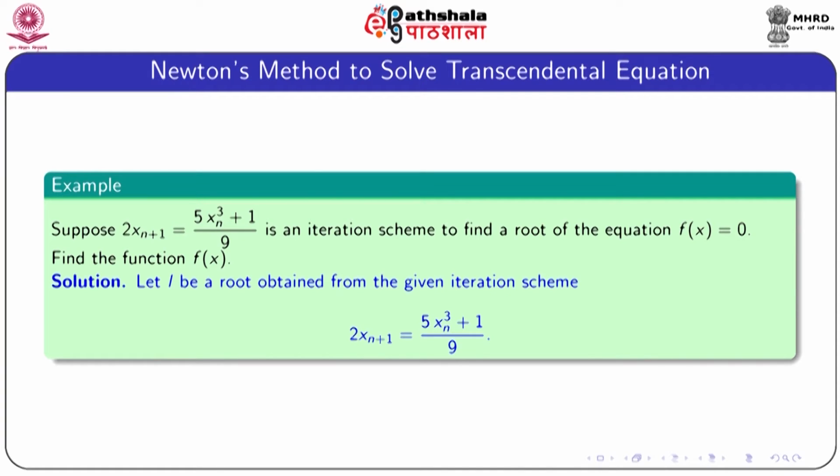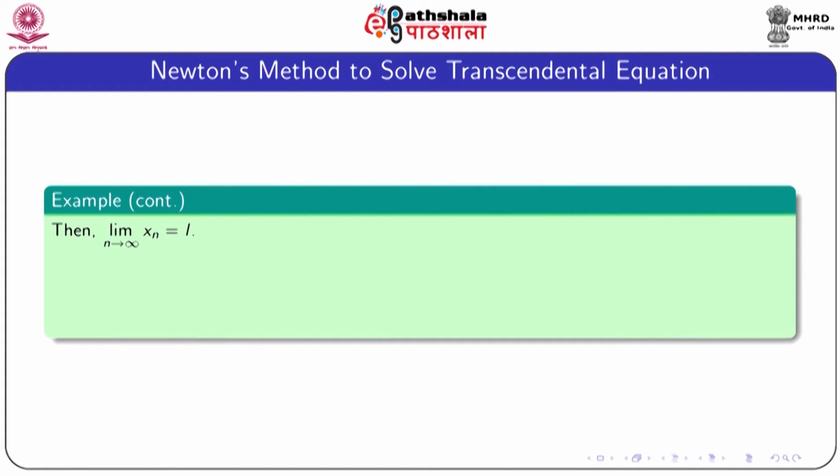Let L be a root obtained from the given iteration scheme. Then, by definition of the root, we can write limit n tends to infinity xn equal to L. xn is the nth approximated root, and L is the exact root.